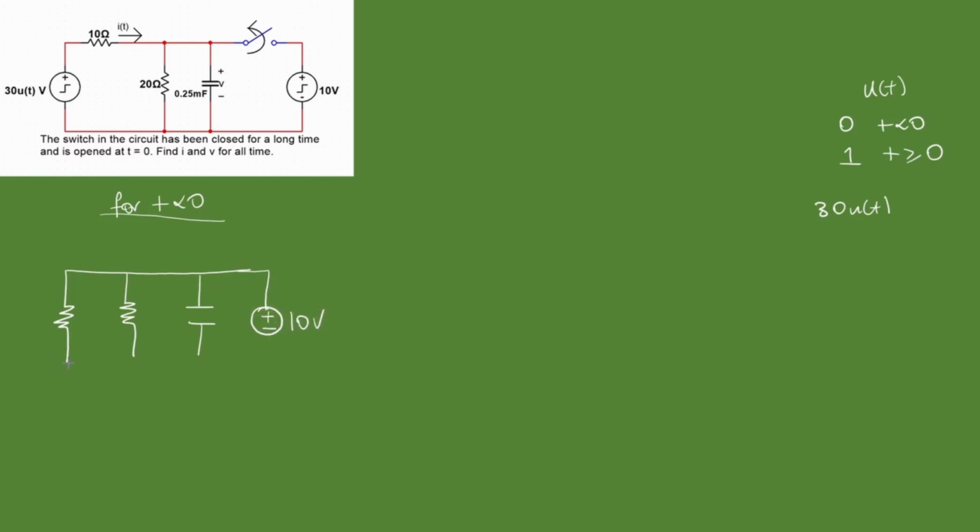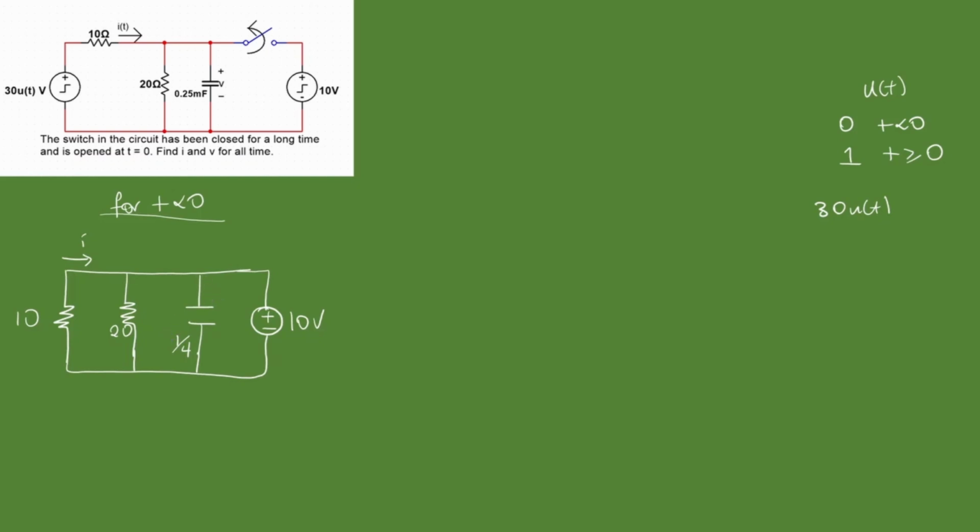This is 10 volts. This is 10 ohms. i of t is the current leaving here. This is 20. This is 0.25, that's 1/4. And this is 30 volts.